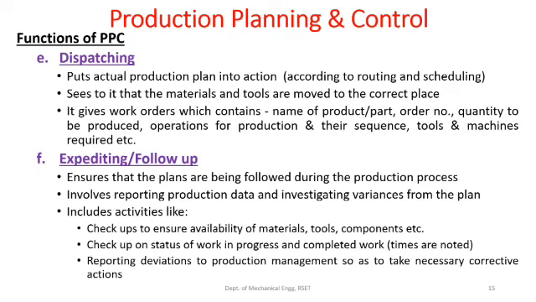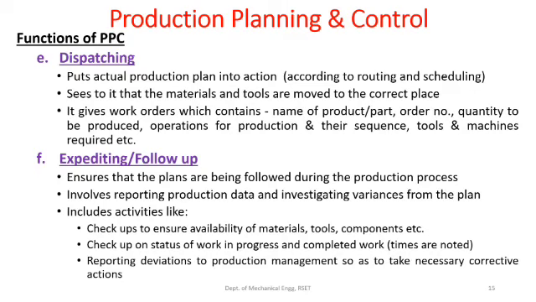Now expediting or follow-up includes activities like checkups to ensure availability of materials, tools, components, etc. Checkup on status of work in progress and completed works. Their times are generally noted, and it also includes reporting deviations to production management so as to take necessary corrective action. So in expediting, we ensure that the plans are being followed.